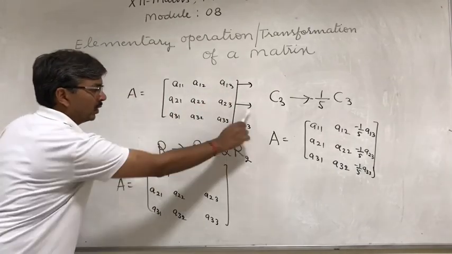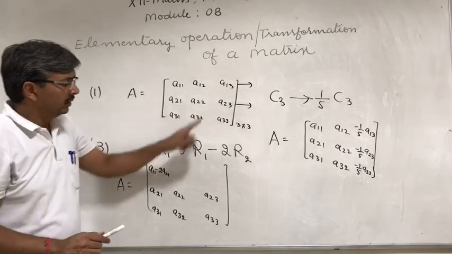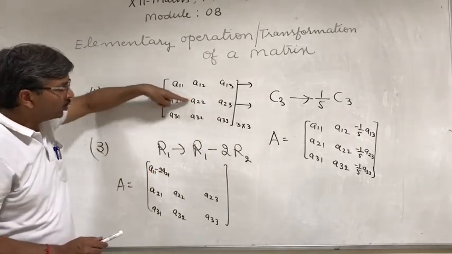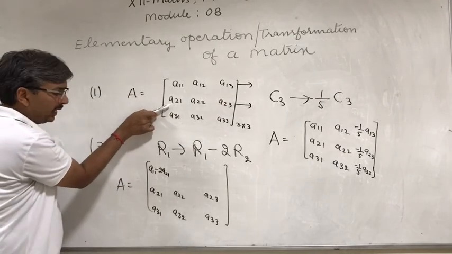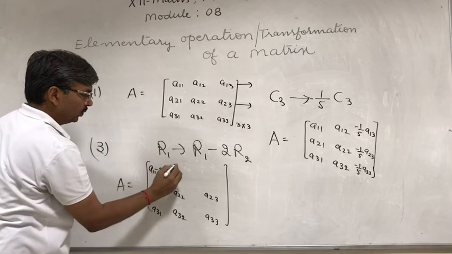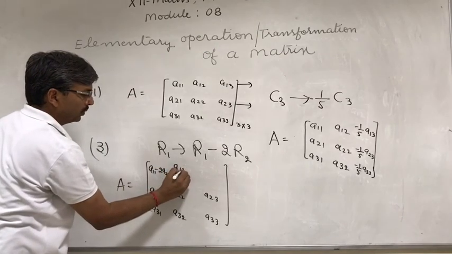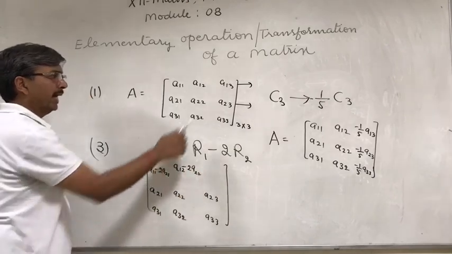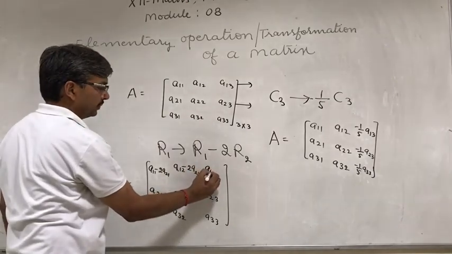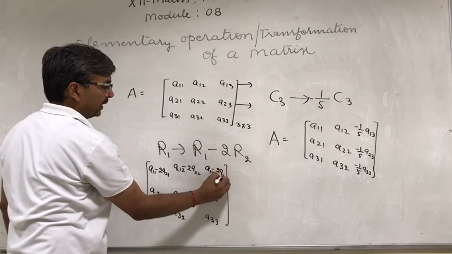R1 minus twice of R2. A11 minus twice of A21, A12 minus twice of A22, and A13 minus twice of A23.